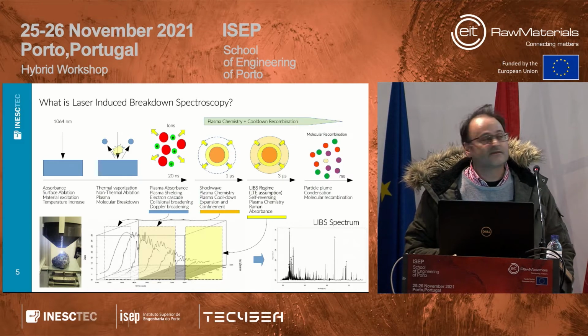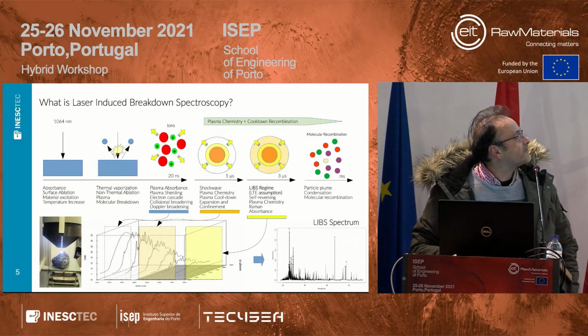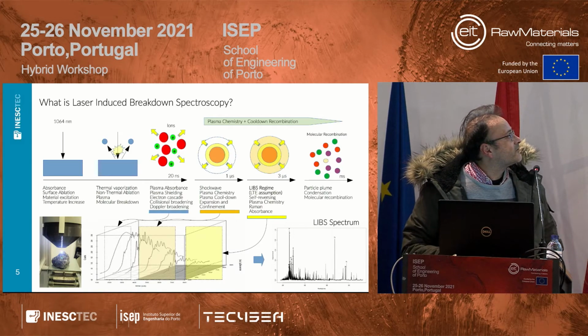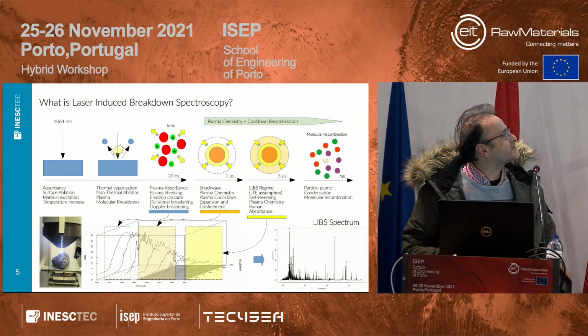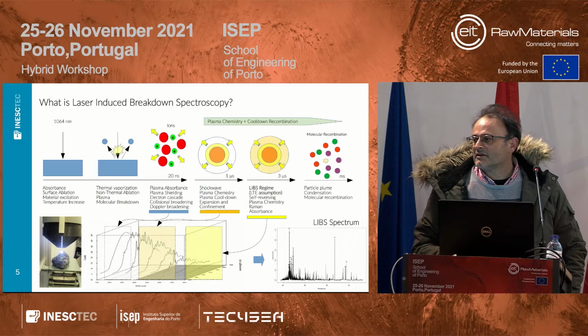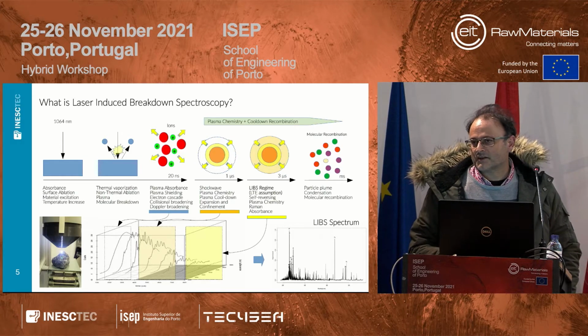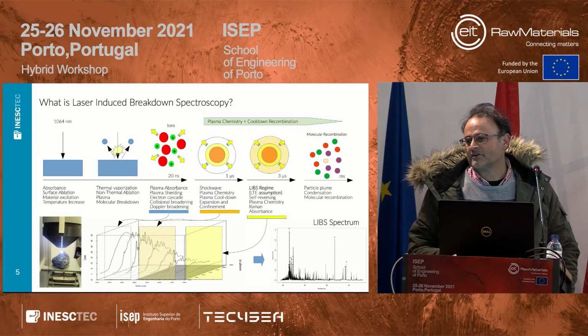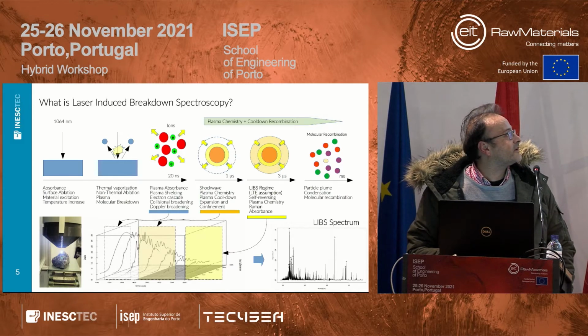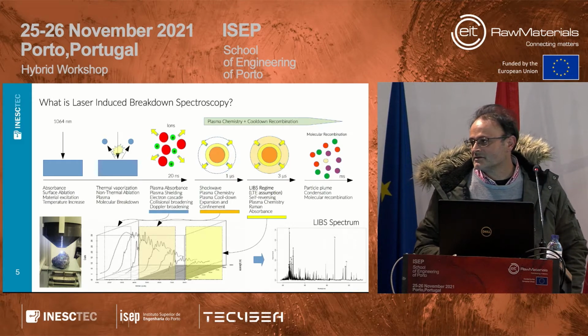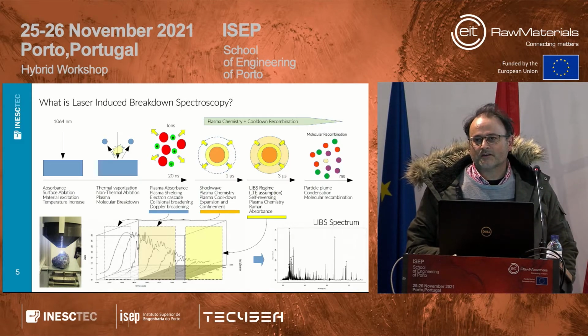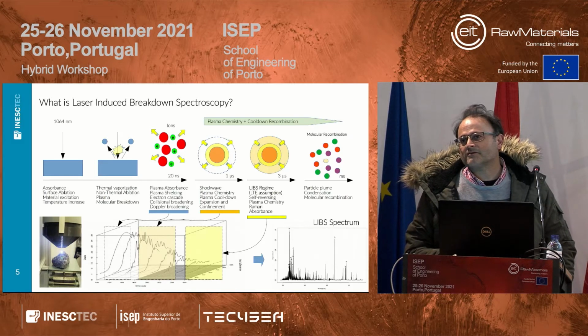This is very fast. You have thermal vaporization, non-thermal ablation, and the beginning of plasma formation at low temperatures. This is where the molecules present in the vapor or in the particles begin to break down. We first break down the chemical bonds between the elements that make up the molecules of the sample.